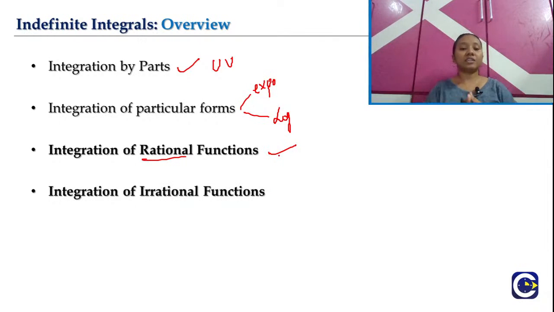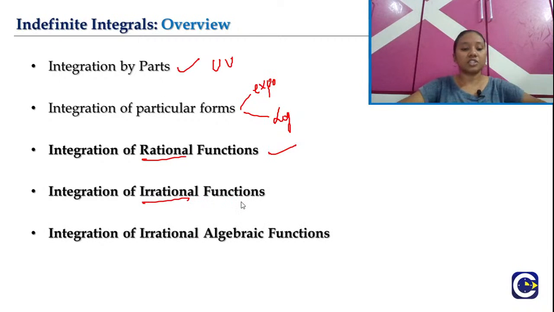Similarly for irrational functions, there is a separate way of solving. Along with that we will have irrational algebraic functions also.